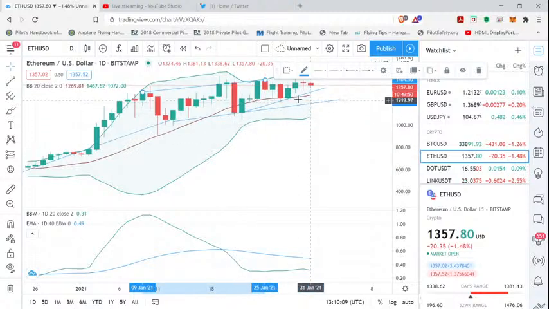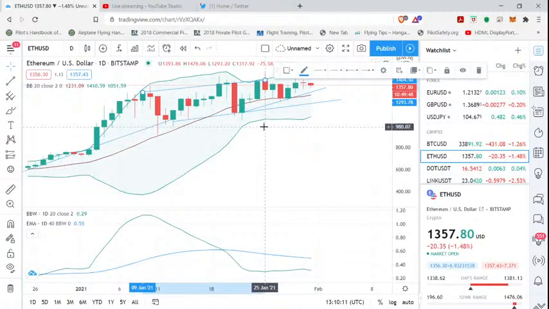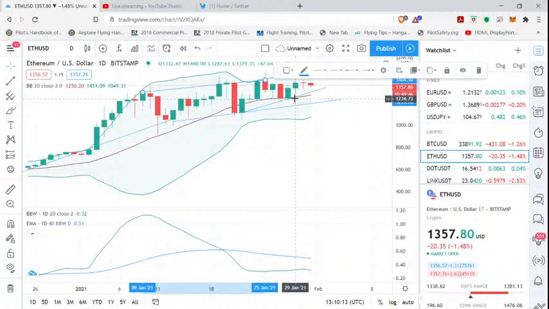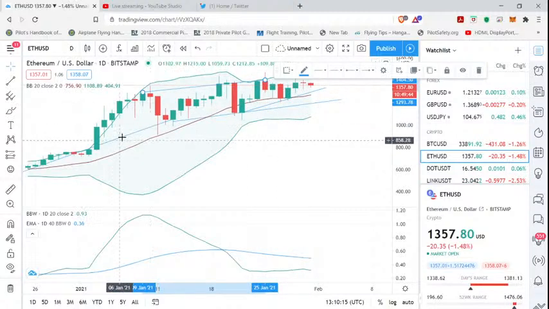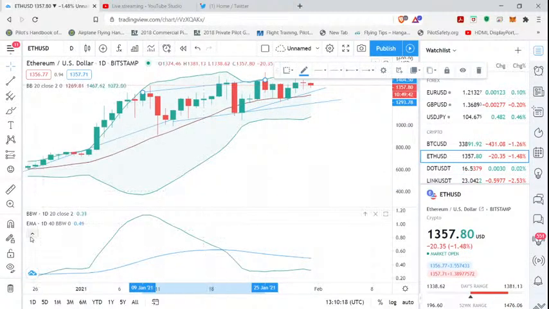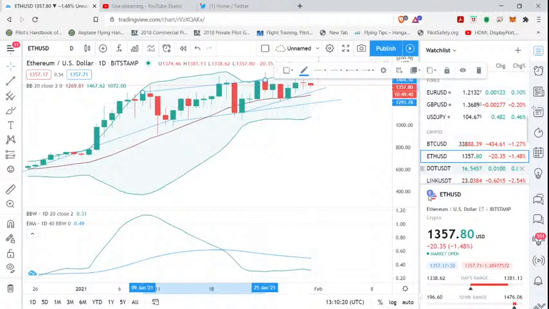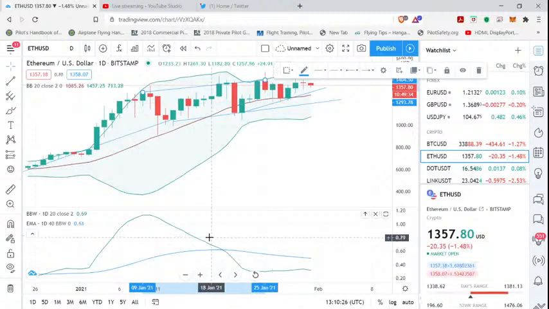So this is a hidden bullish divergence is what this would be. So it's the proper use of trend lines. It's not used as a point of, okay, it's going to bounce. No, it's not going to bounce. We're just looking for momentum plays.